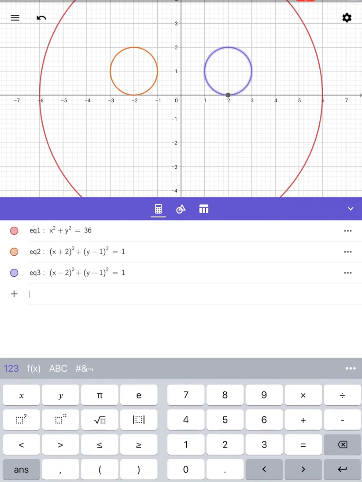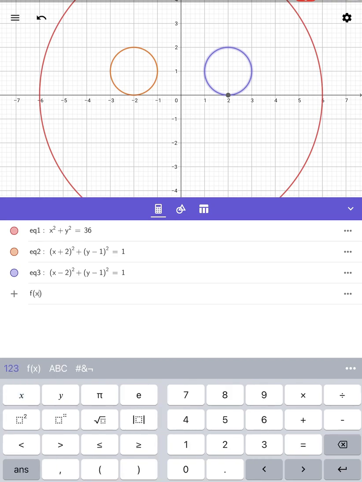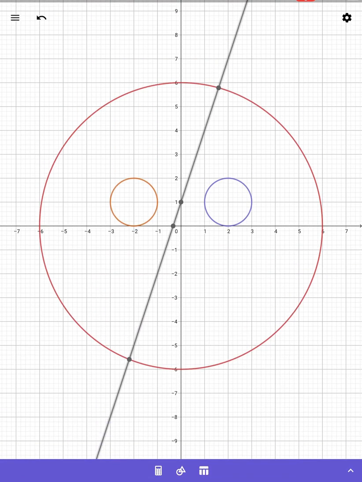So this is how we're going to do this. We're going to write it as an f(x) function, so f, bracket x. That will represent the y instead. So it's equal to mx plus c, so it's 3x plus 1. Now you can see on the picture, it's a straight line that never ends.